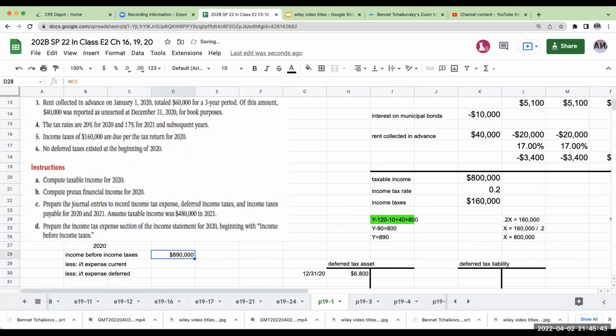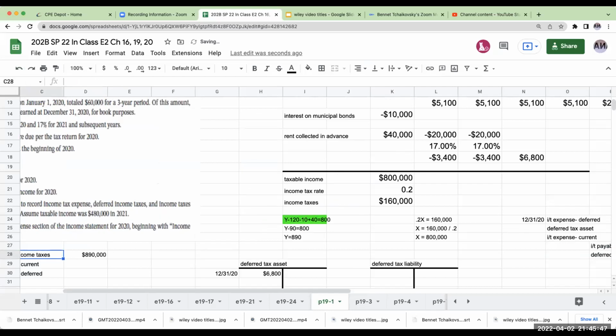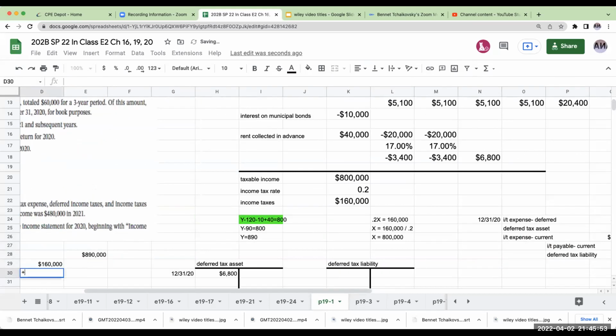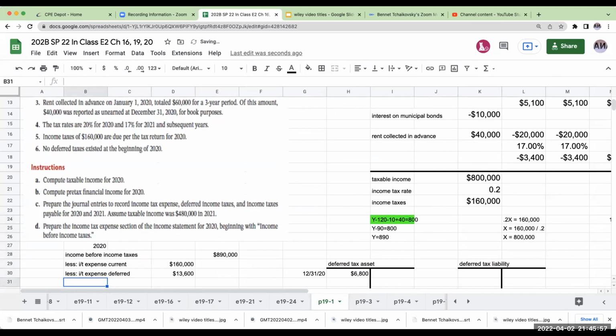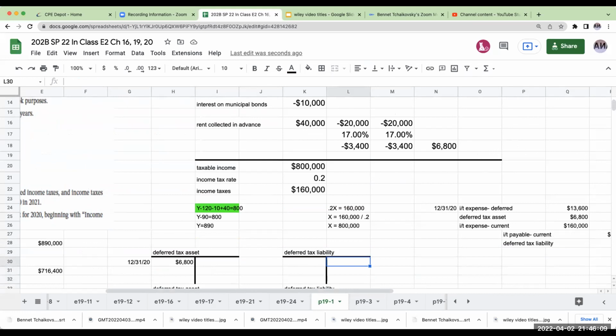And this is just coming right over here from my journal entry. So my income tax expense current was 160. My income tax expense deferred is 13.6. So my net income is going to be the 890 minus 160 minus 13.6, or 716,400.